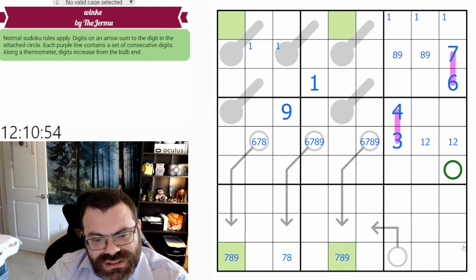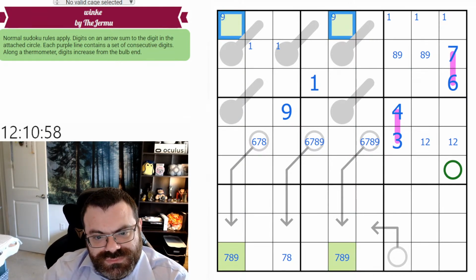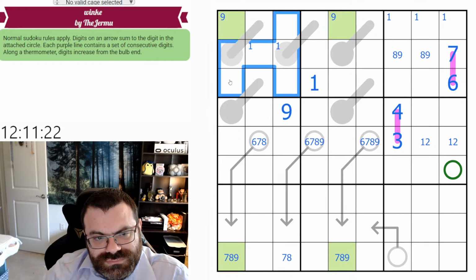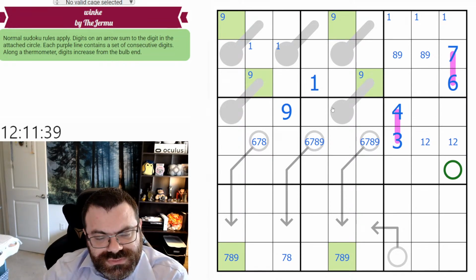So we have this X-wing on 9s. So 9 is in one of these two also, which puts an 8 in one of these two.